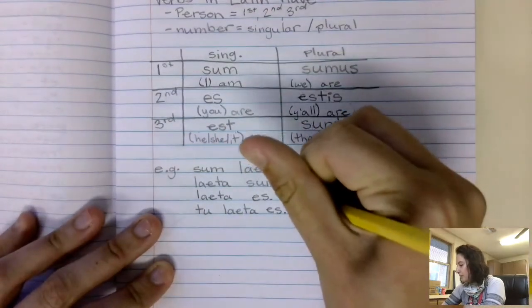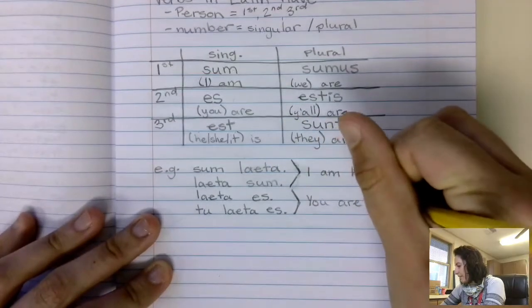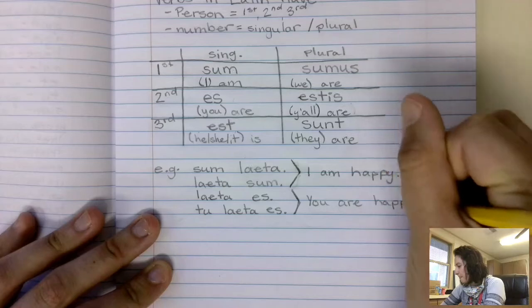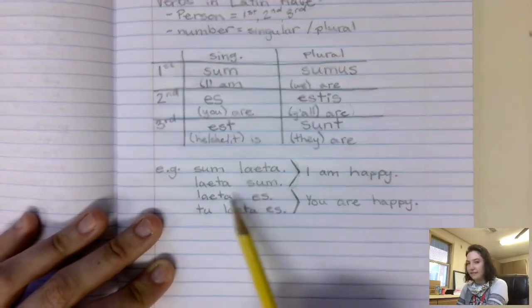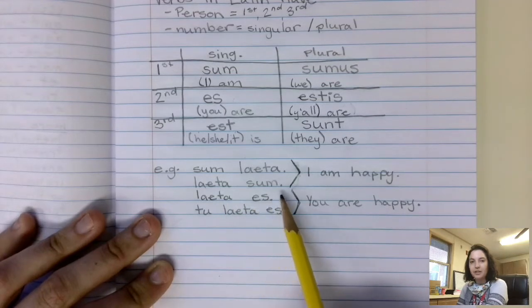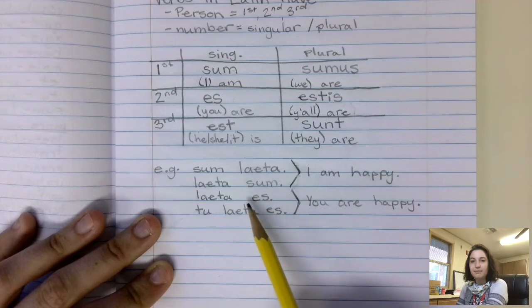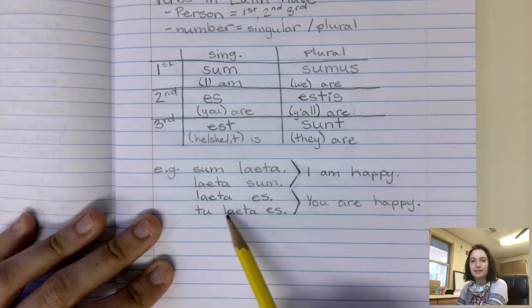These both mean you are happy. Here, we don't have a subject stated. We just have laeta es. But we know that es means you are. Here, we just have you stated separately, but it still means you are happy.